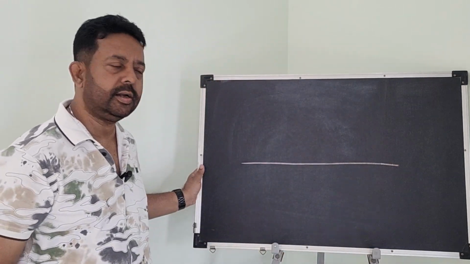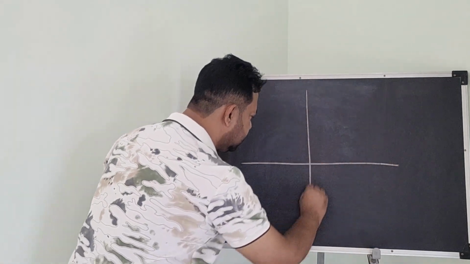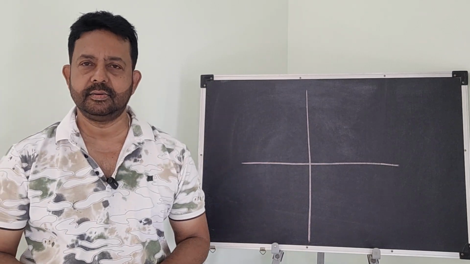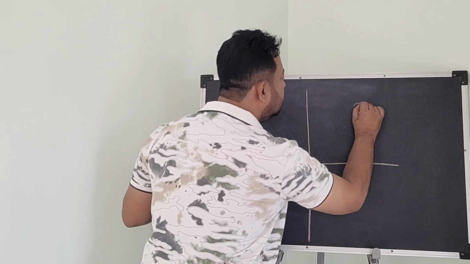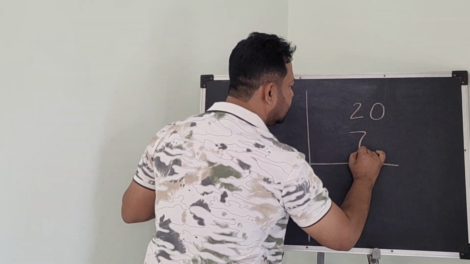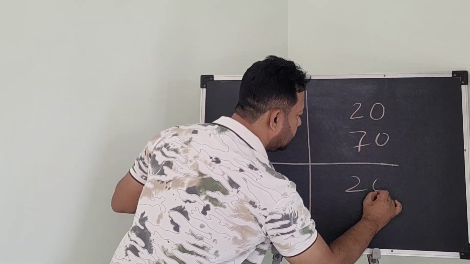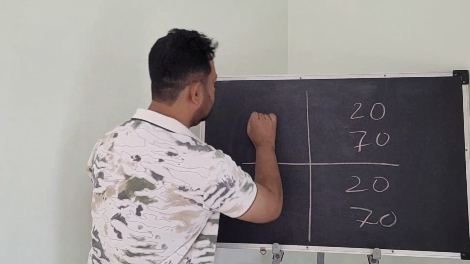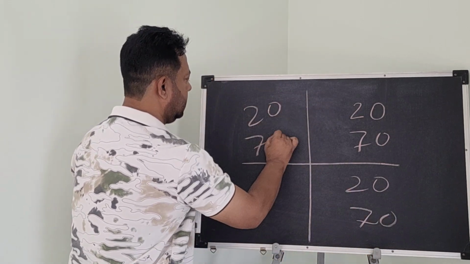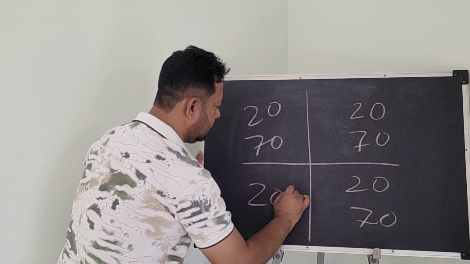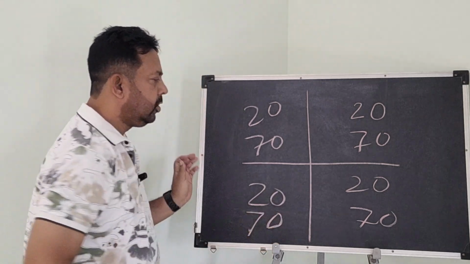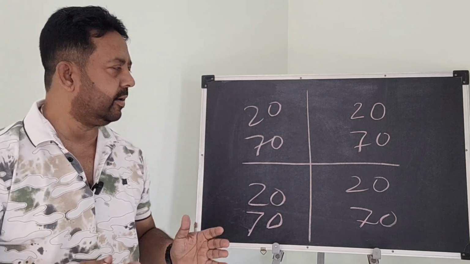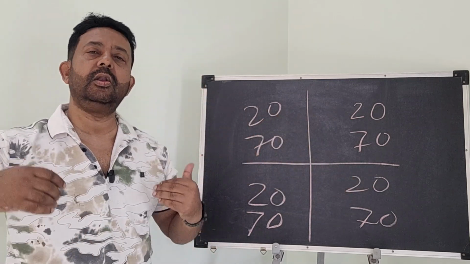This is my equator and this is my prime meridian. 20 degree and 70 degree can be all these places. So 20 degree and 70 degree can be at 4 different locations.